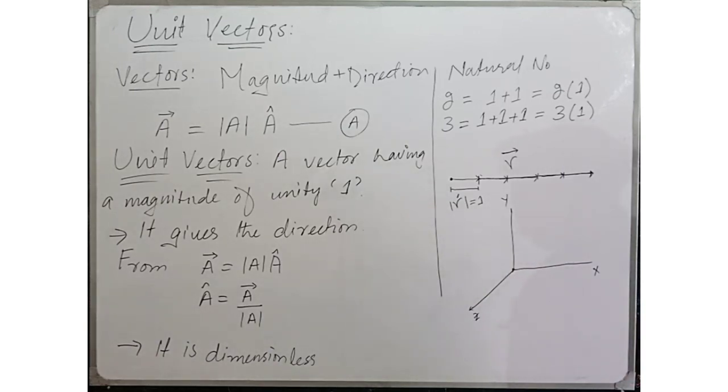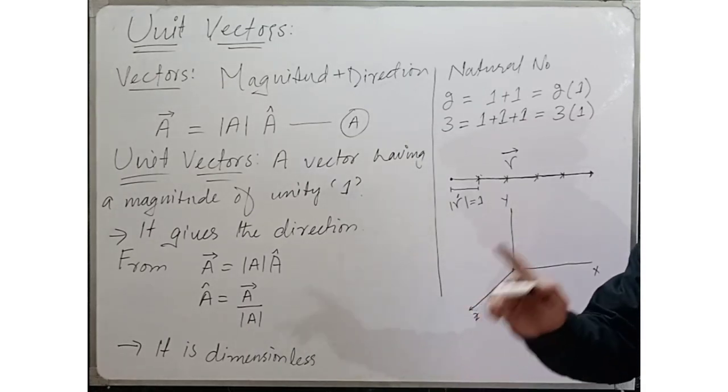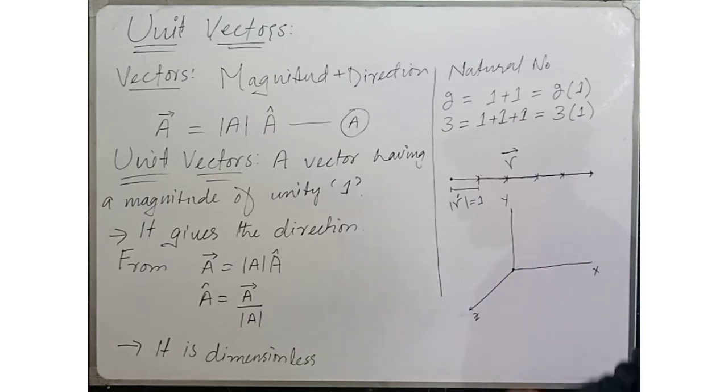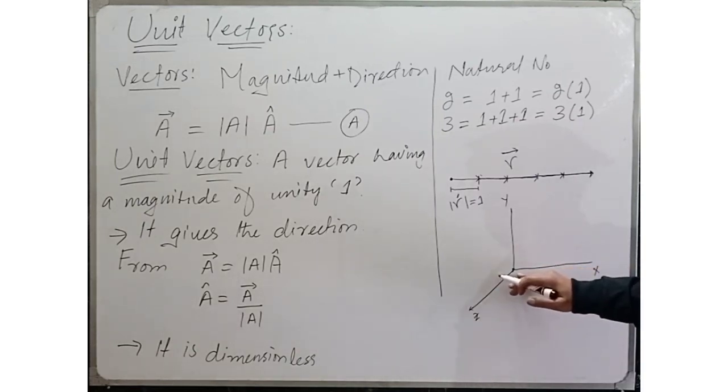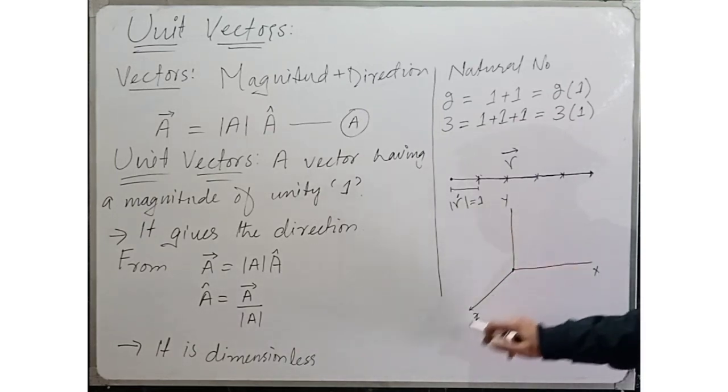Now if we represent a vector on such a three-dimensional Cartesian coordinate system, then there are some special, predefined unit vectors, and those unit vectors actually define the direction along any particular coordinate axis. So we have three axes, x, y, and z.